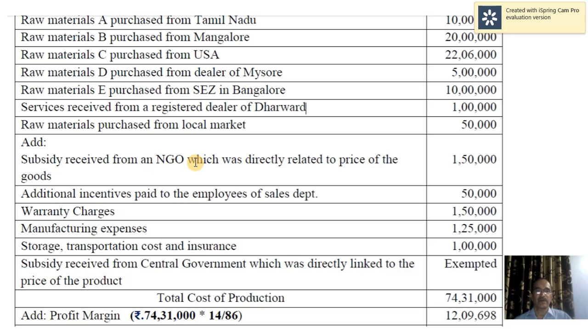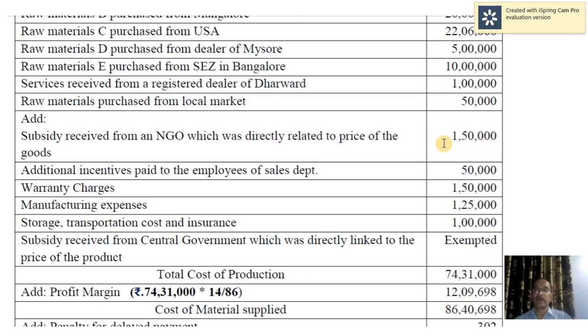Subsidy received from an NGO which was directly related to price of the goods. Additional incentive paid to the employee of the sales department, warranty charges, manufacturing expenses, storage, transportation cost and insurance. But subsidy received from central government which was directly linked to the price of the product, that is exempt.